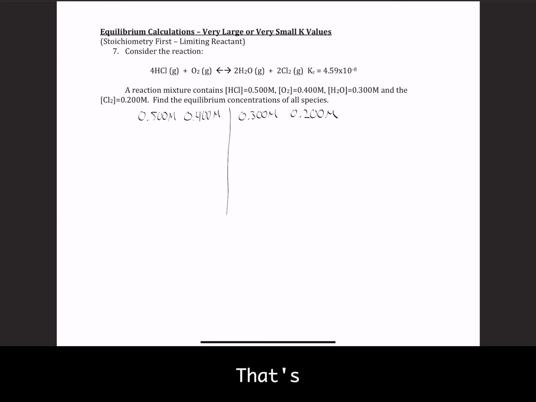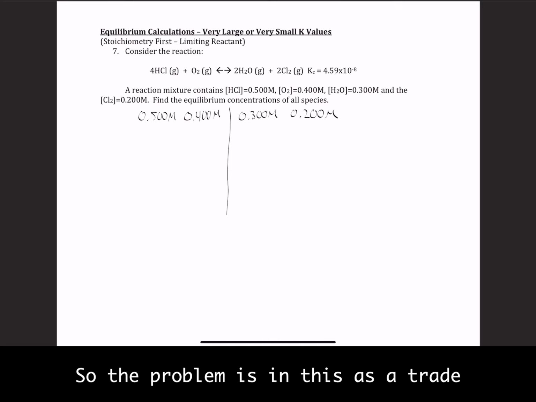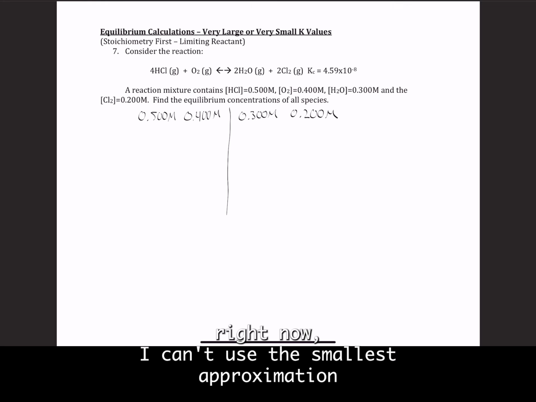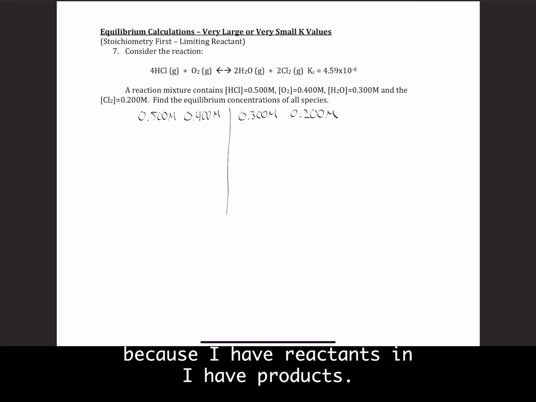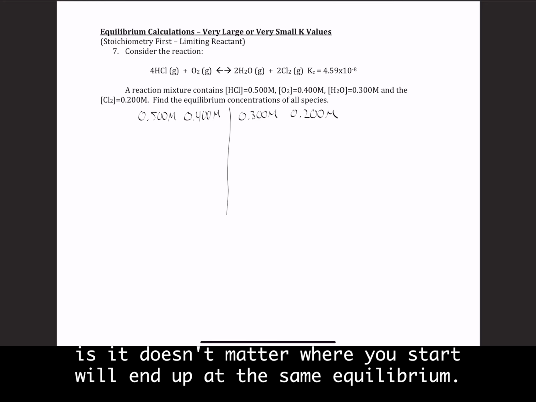That's 10,000 times smaller. So this is a very, very, very small k. The problem is, in this, as it's written right now, I can't use the small x approximation because I have reactants and I have products. The neat thing about equilibrium, though, is it doesn't matter where you start, we'll end up at the same equilibrium.